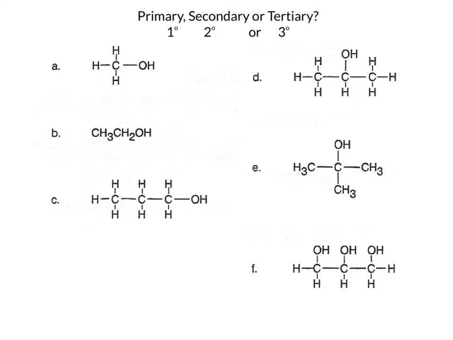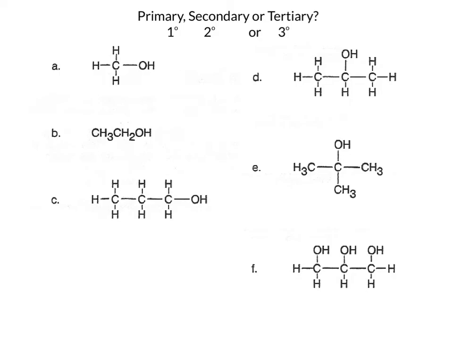Now let's look at alcohol B. We look at the hydroxyl group, we see which carbon it's attached to, and then we look at how many carbons are attached to that carbon. Remember, those hydrogens that are on the left-hand side are actually attached to the carbon before it. The carbon is attached to that carbon. That makes this a primary alcohol because it is attached to one carbon.